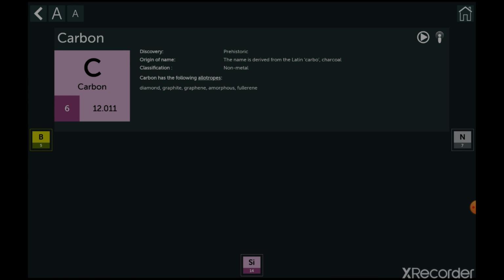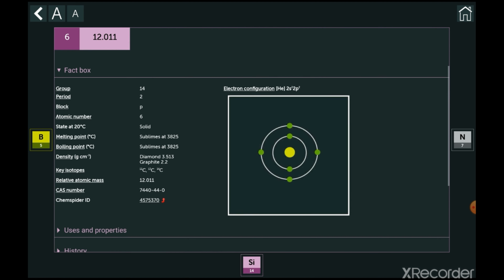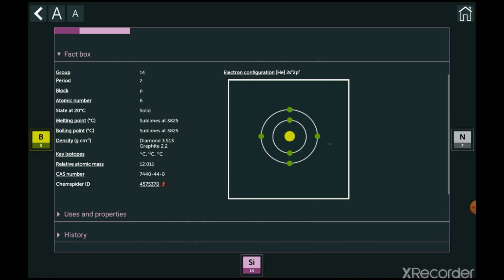If you click on carbon, it will give you a lot of different characteristics and even history. For example, here they tell you the meaning of carbon, the classification thereof, and the allotropes, the different forms that you can find in nature. If you look at the atom diagram, you will see that this yellow part represents the nucleus, and around the nucleus you have your electrons.